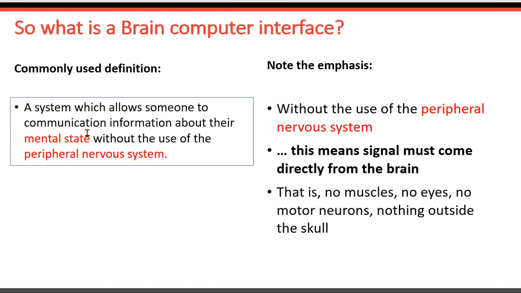We have the mental state, we have someone, okay, and then the peripheral nervous system. Without the use of the peripheral nervous system is one of the important things. So the information should come directly from the brain, right? This means we need to record brain activities only and convert them into control. So peripheral nervous system means no muscles, no eyes, no motor neurons, nothing outside the skull.